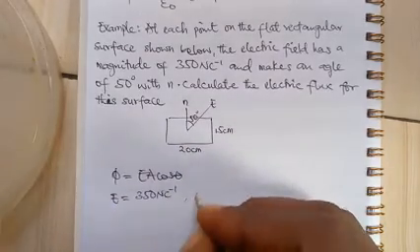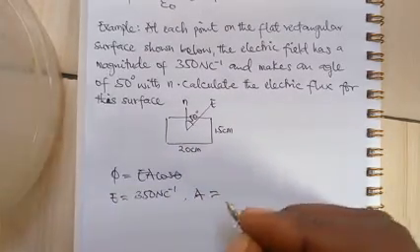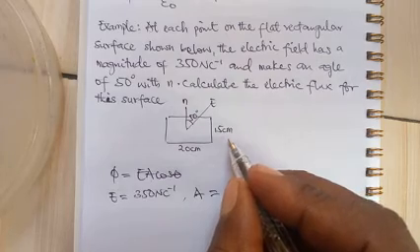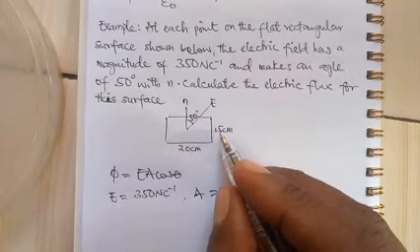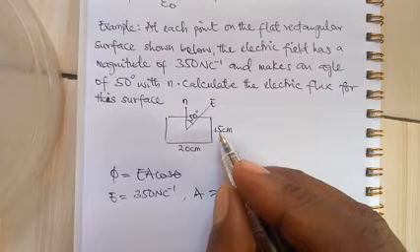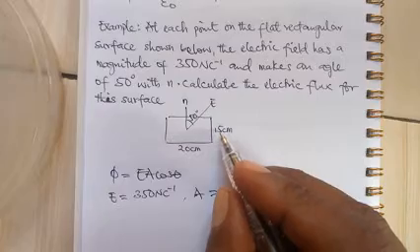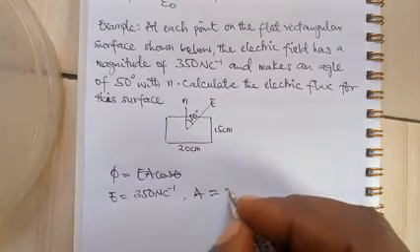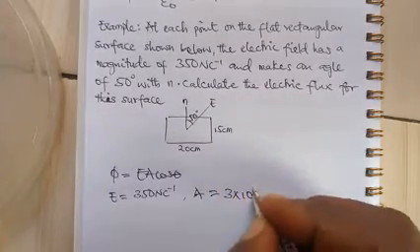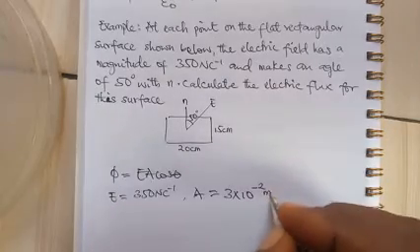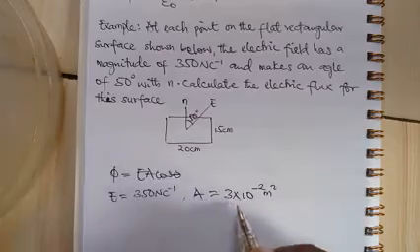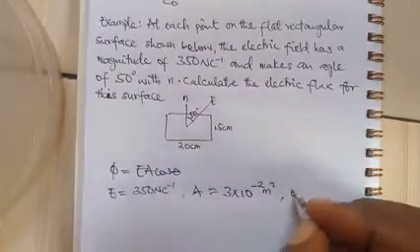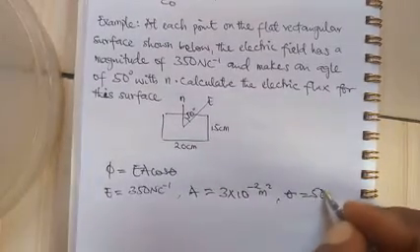The area A is length times breadth, which is 20 cm times 15 cm, which gives 300 square centimeters. If we convert it to square meters, we have 3 times 10 raised to power minus 2 meter squared. Now, we know that the angle is 50 degrees.